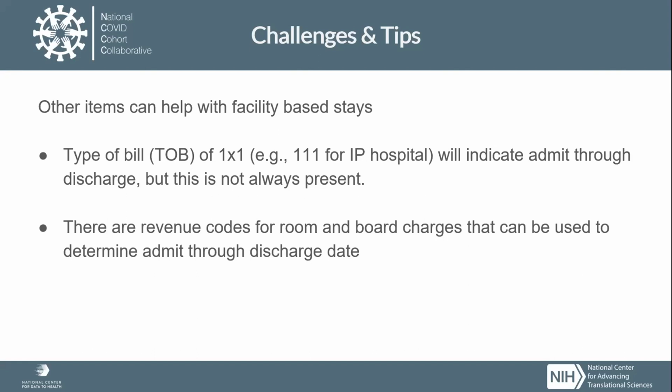And it'll also tell you where in a sequence it might be. So in some of the examples we gave earlier, where you might see a bill from the 1st to the 30th, and then the 1st to the 8th of the next month, some digit in this 3-digit type of bill code tells you that the first bill is not the final bill. And then for the 1st to the 8th, there'll be a different digit. So there's a field called type of bill that helps with it.